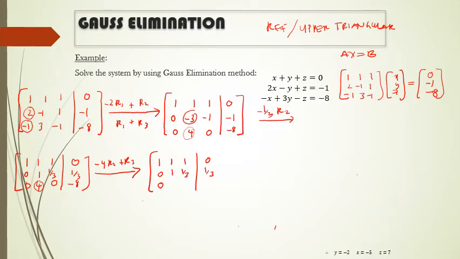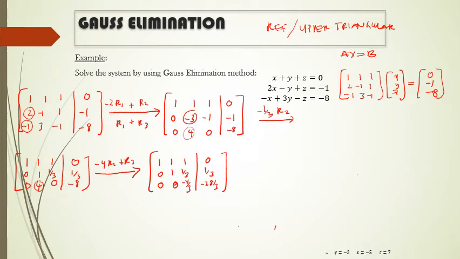So 0, 0 here. Negative 4 times 1 over 3 is negative 4 over 3, plus 0 is negative 4 over 3. And then negative 4 over 3 minus 8, the answer is negative 28 over 3.